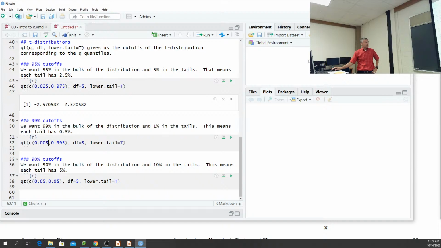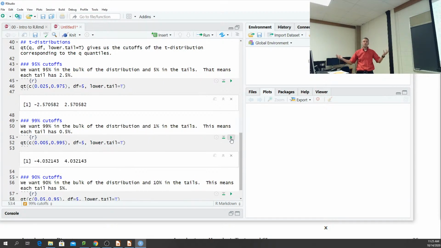We want 0.5% on the left, and then 0.5% on the right, but since we're using lower.tail equals TRUE, we're actually using 0.995, 99.5% all the way to the left of our point. And again, for degrees of freedom, I said arbitrarily use df equals 5. Maybe it's 10, maybe it's 20, who knows. But these are the values. For 5 degrees of freedom, our lower value is negative 4.03, and our upper value is positive 4.03.